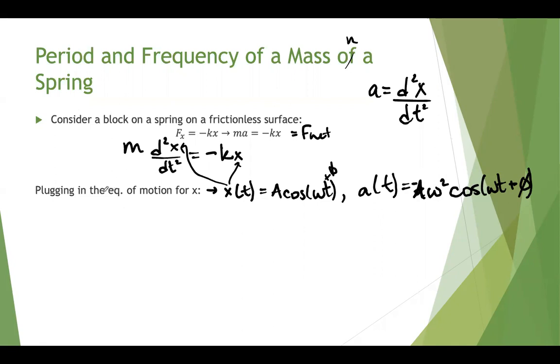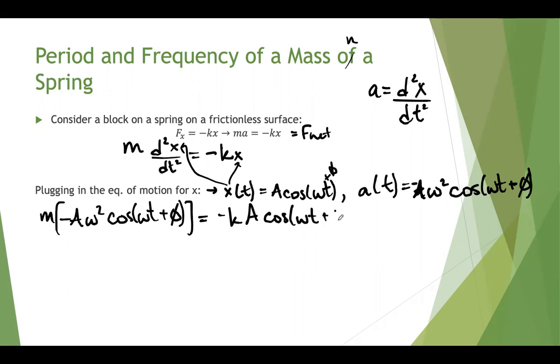Okay. So now we can go ahead and plug that in. So we have m times, this is our acceleration here. So I'm going to say negative A omega squared cosine of omega t plus phi equals negative k times A cosine omega t plus phi.